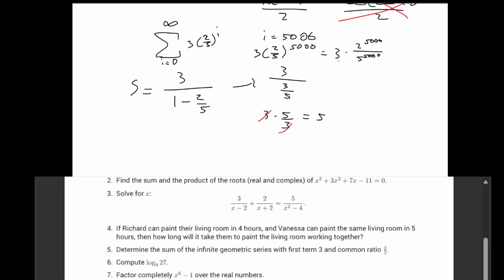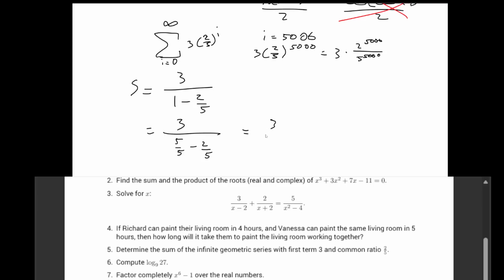Okay, actually, wait, I don't know. Not 5. 5 over 6, I think, right? This would become, let me do the entire thing here. 3 over a sub 1 is 3. 1, 5 over 5 minus 2 over 5.